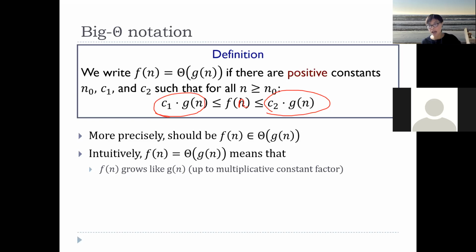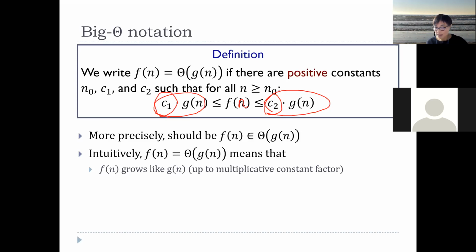Again, all of this allows some constants. As long as you can find some positive constants, C1 and C2, such that when n is large enough, f(n) is sandwiched between different constants times g(n), then these two are essentially of the same order because their difference is only a multiplicative constant. Okay, so that's the meaning.